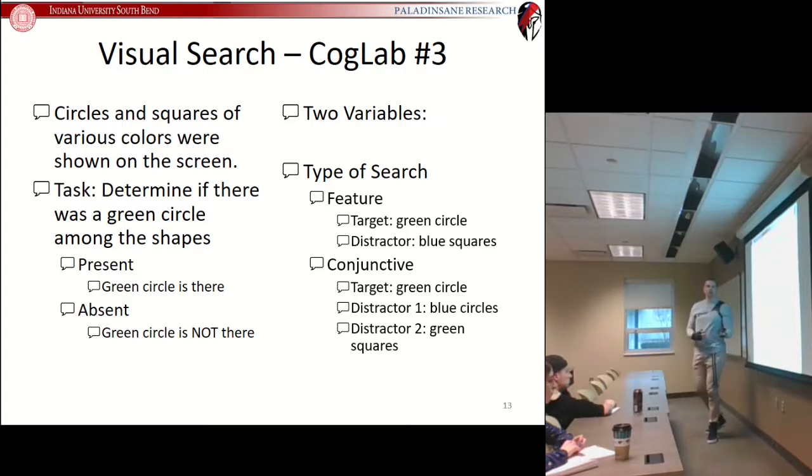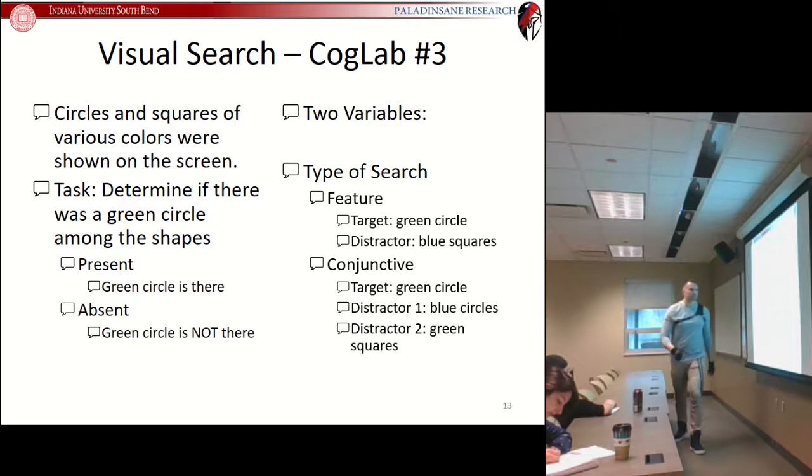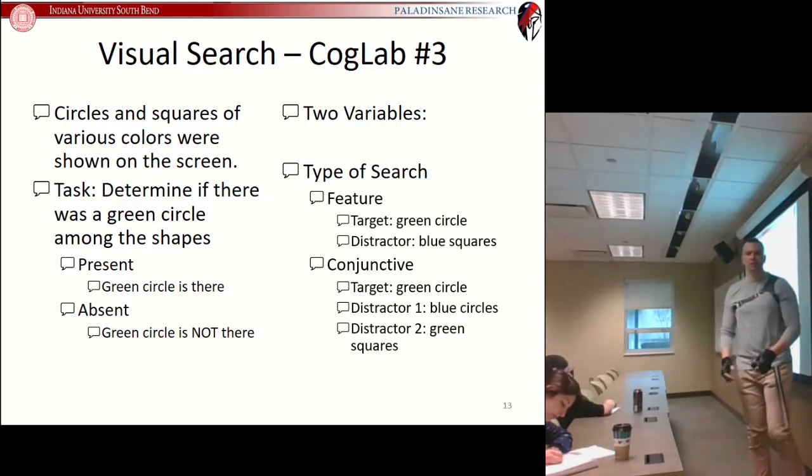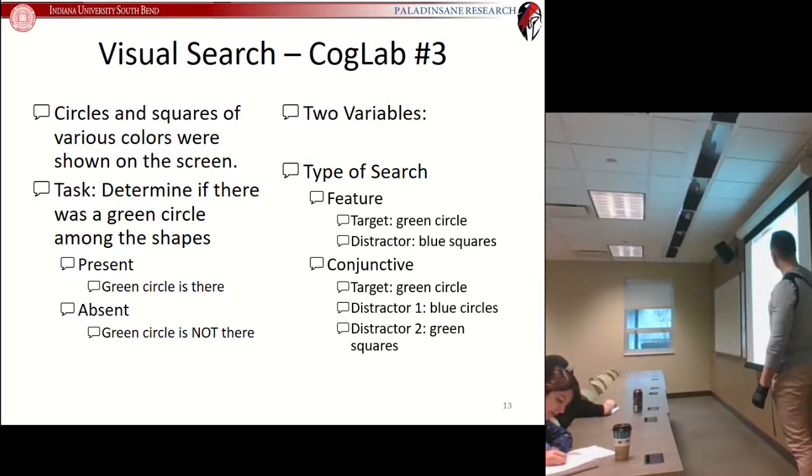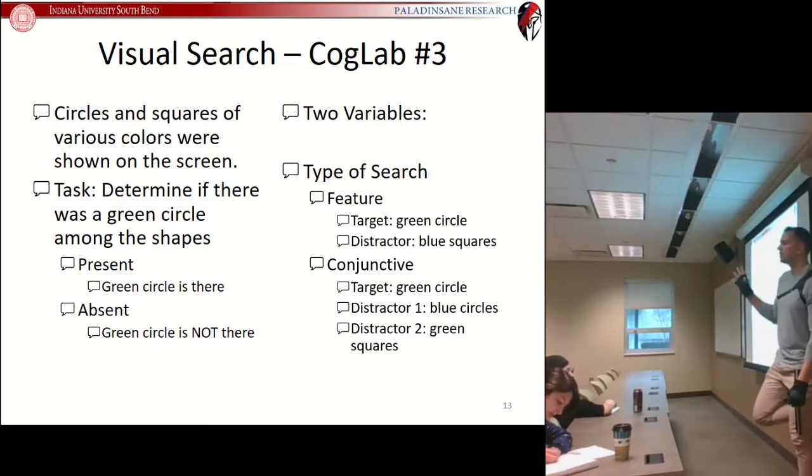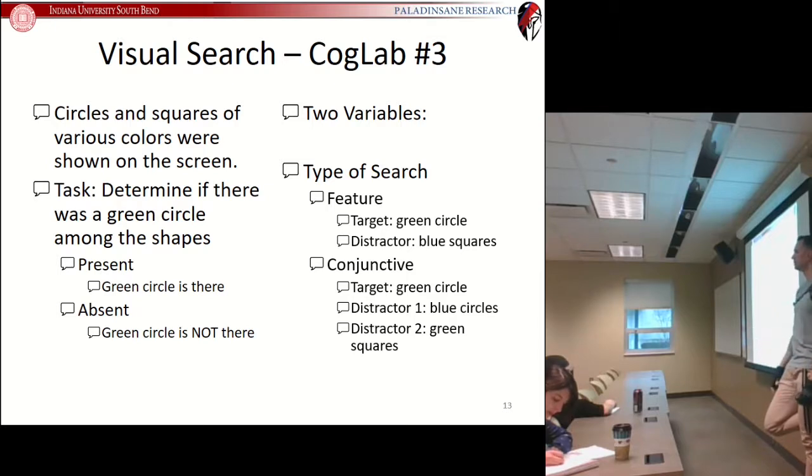The reason they're called a feature search and a conjunctive search is this: in the feature search, how many features do you need to pay attention to in order to distinguish the target? You need 1 feature. So in the feature search, you can do this with a single feature. If you were completely colorblind and could not distinguish between blue and green, you could still do the feature search just by looking for the circle, right?